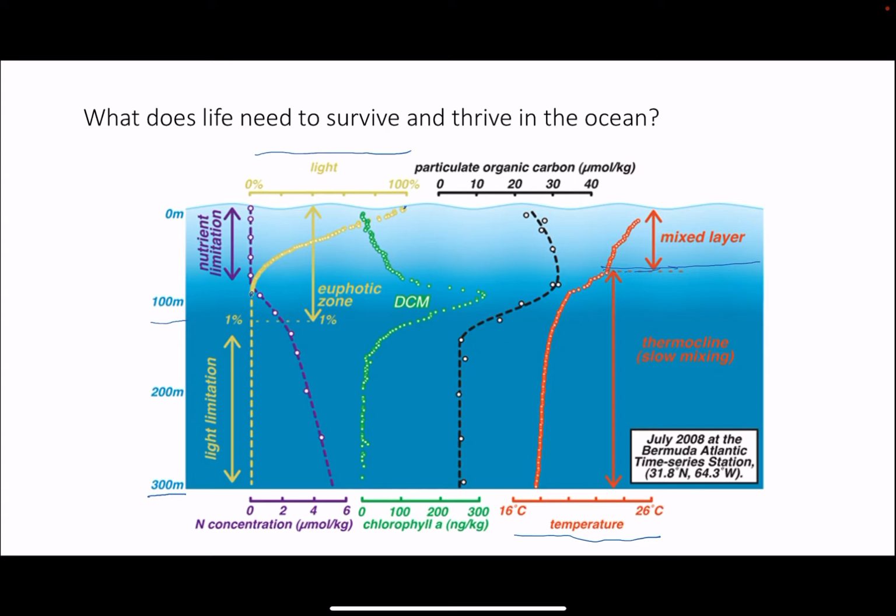Okay, so in addition to needing light and being physically able to stay in the surface ocean, the phytoplankton or the plants in the surface ocean need nutrients. And here you can see in purple the concentration of nitrogen with depth. The concentration is higher at the bottom here, and you can see it goes down, down, down, and right about at that 1% light zone, you can see the concentration basically goes to zero.